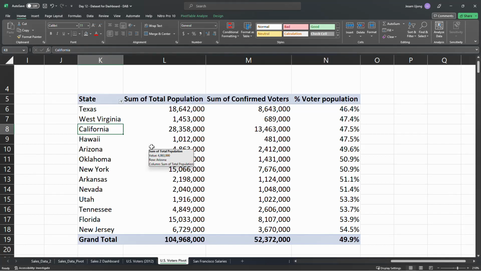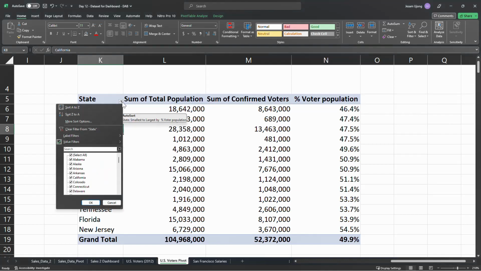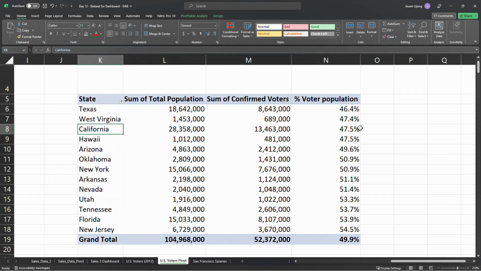But 55 is still showing. We are looking for the percentage that is lesser than 55, but it's still showing 55%.